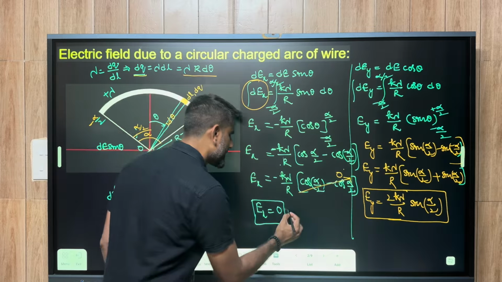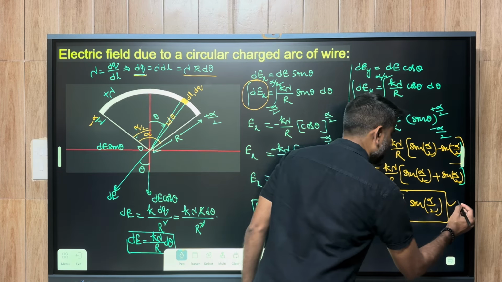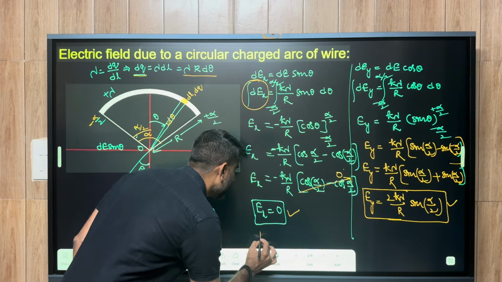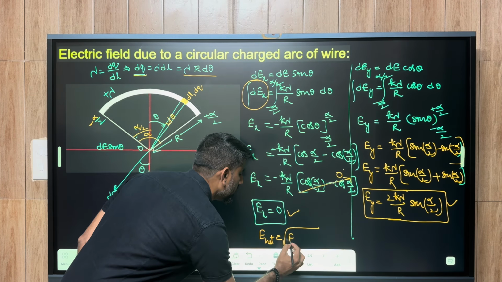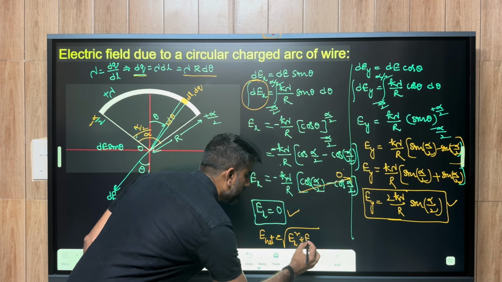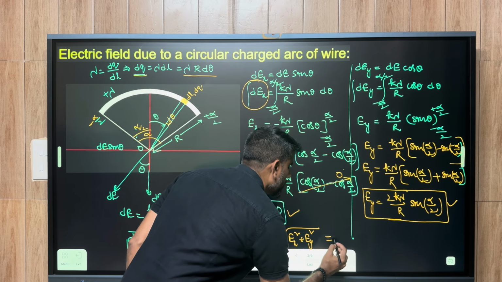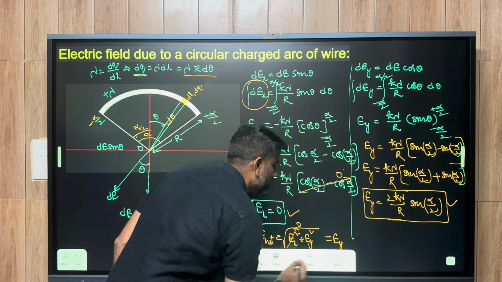So this result is important. If you want to find E net, it is equal to root over Ex squared plus Ey squared, which is Ey only, because Ex is 0.